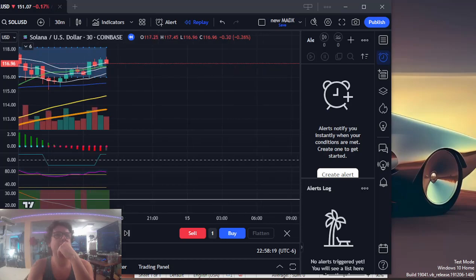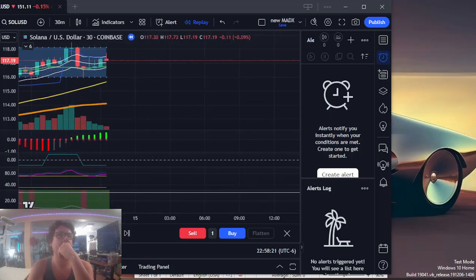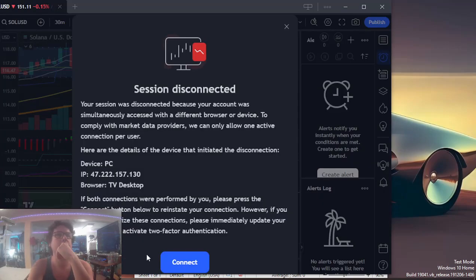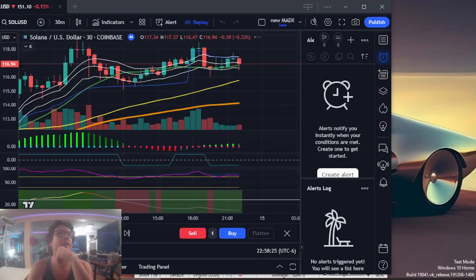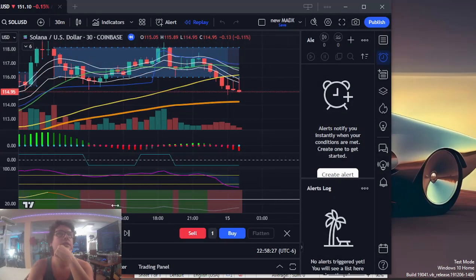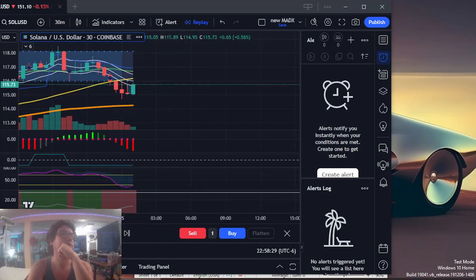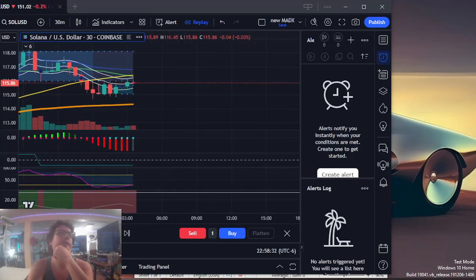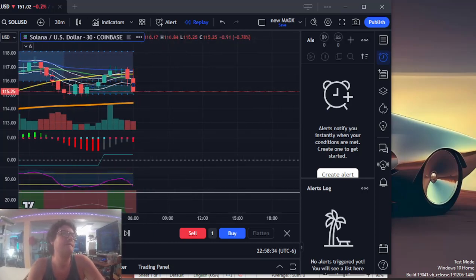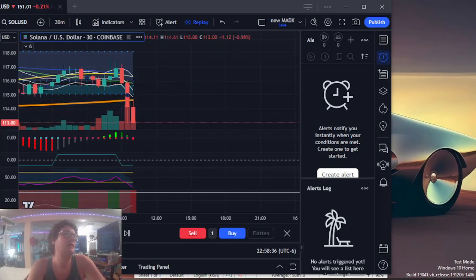Let's wait for ADX to get above 25. No, go away. Alright.